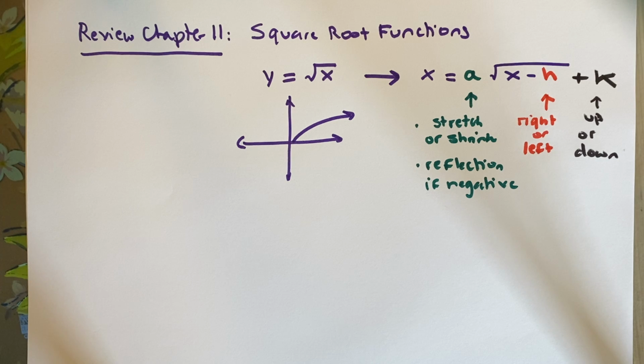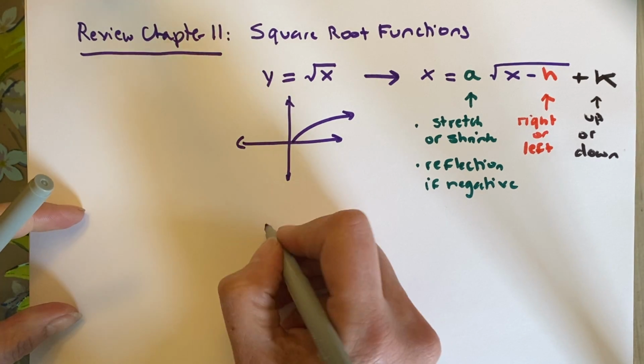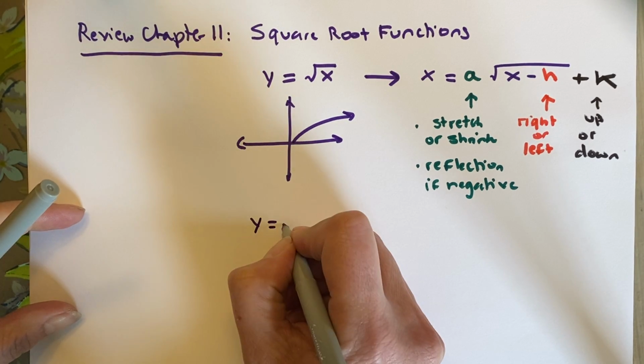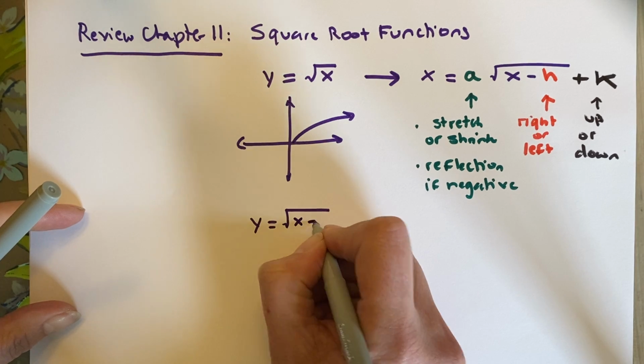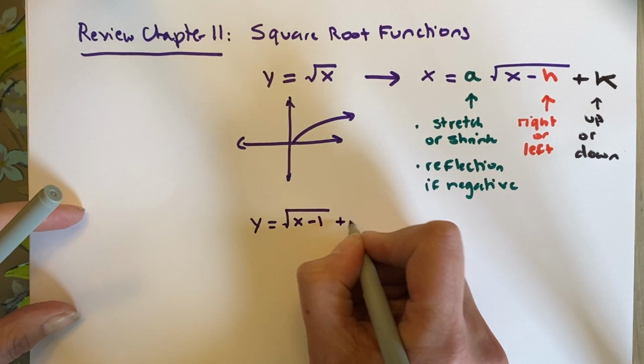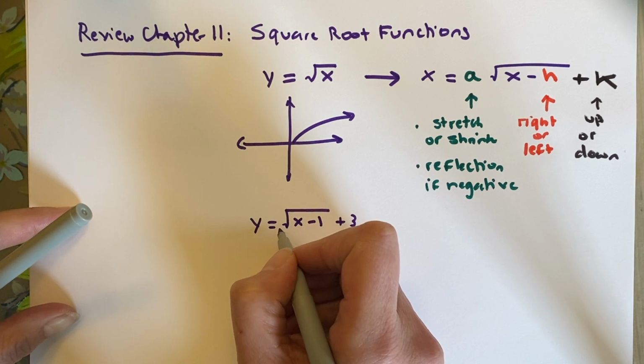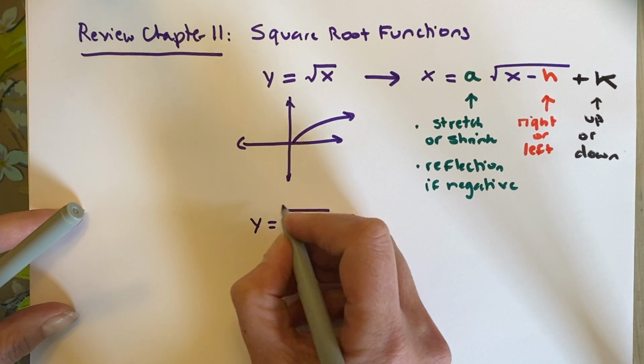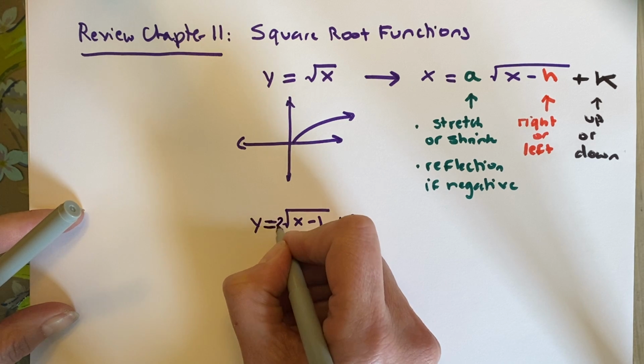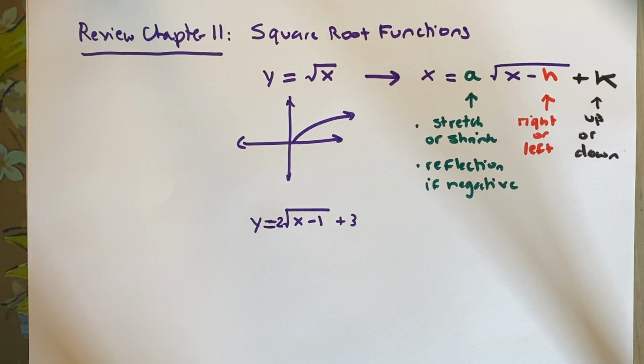And I'm going to use y equals 2 times the square root of x minus 1 plus 3. Maybe I am going to put an a in front just to make it real, so you can see the whole package.